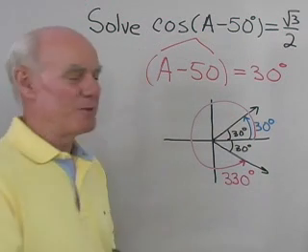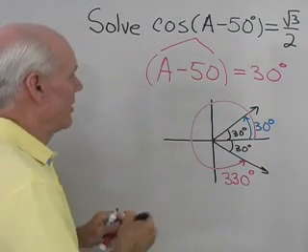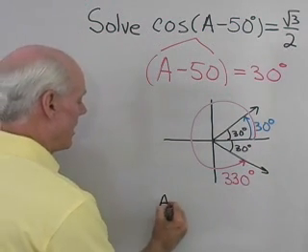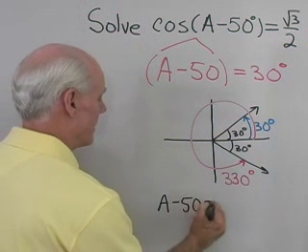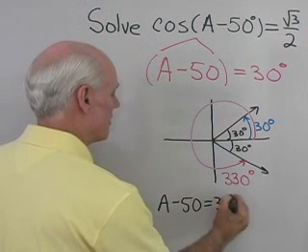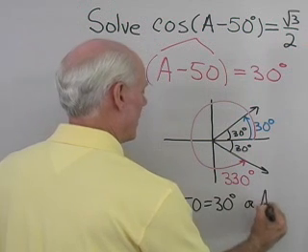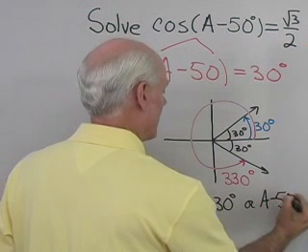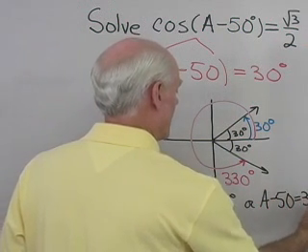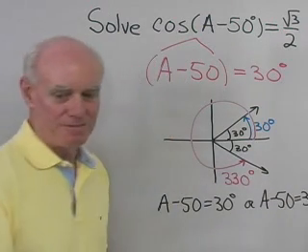Okay, so that tells me that this angle that I want, this A minus 50, is either equal to 30 degrees, or A minus 50 is equal to 330 degrees.